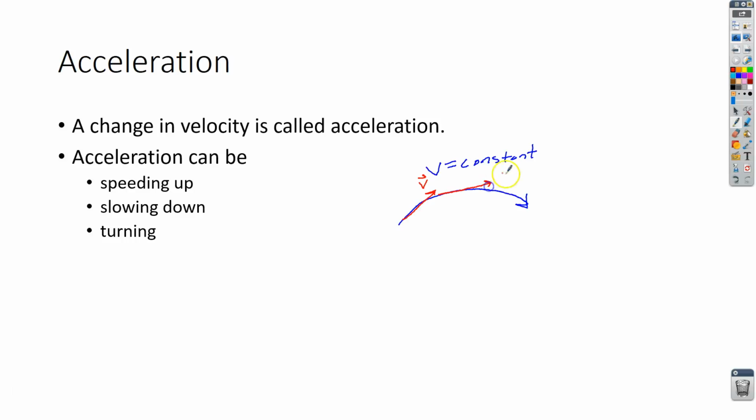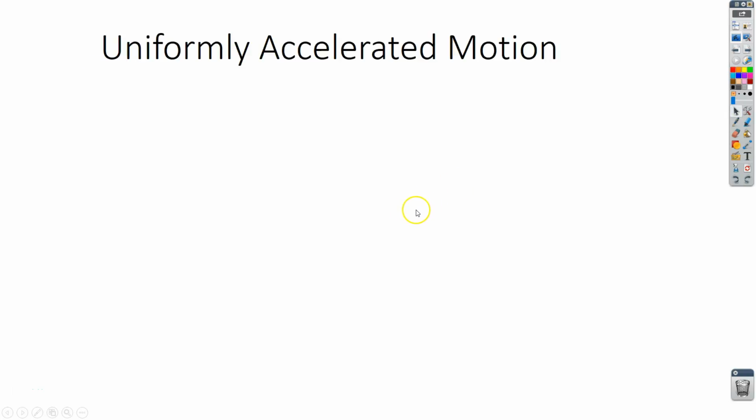Why does it change? Because I am changing direction. So anytime I change direction, regardless of whether or not my speed changes, that is also an acceleration. If you don't believe me, go get in your car, drive down the road, and then take a pretty sharp curve. You'll feel yourself accelerating, trying to pull yourself in. And that is just a pretty basic definition of acceleration.